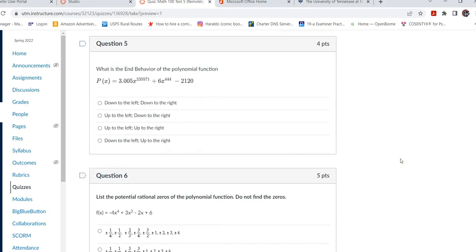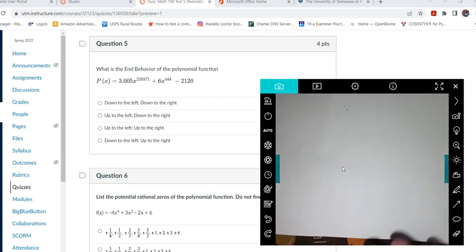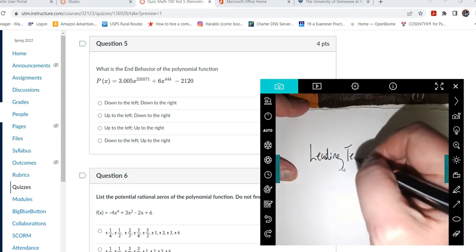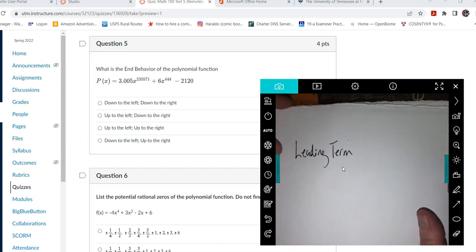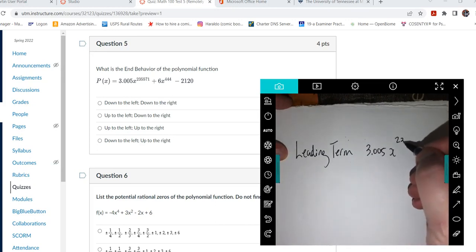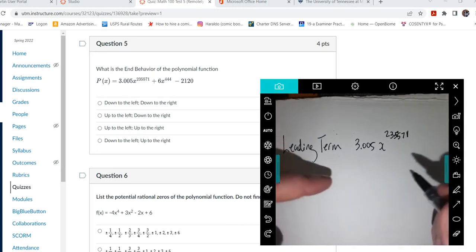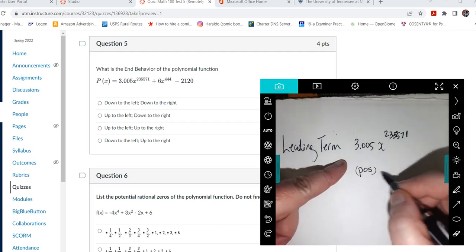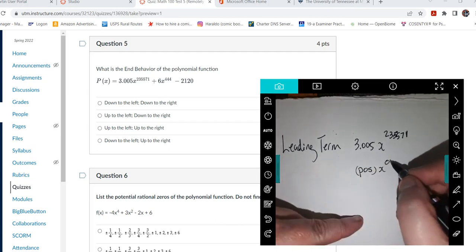All right, now what is the end behavior? This is not one that you can answer in your calculator. The end behavior is determined by the leading term. And in this case, the leading term is 3.005 times x to the 2,355,71. So my leading term is a positive number times x to an odd power.